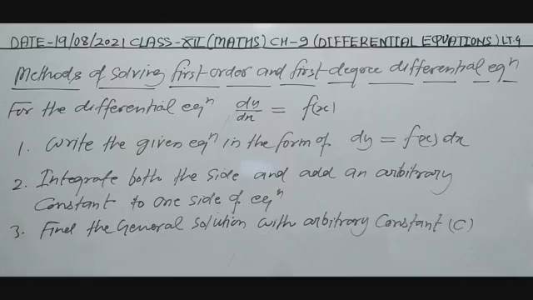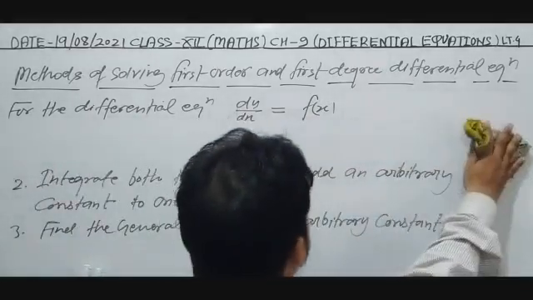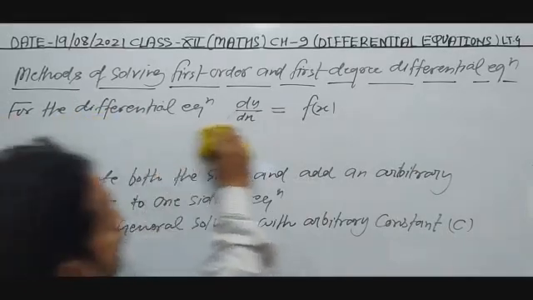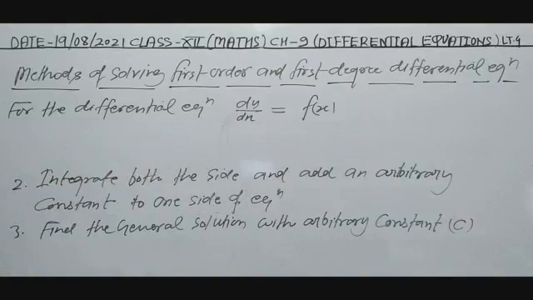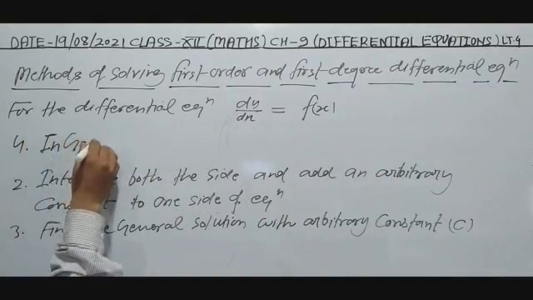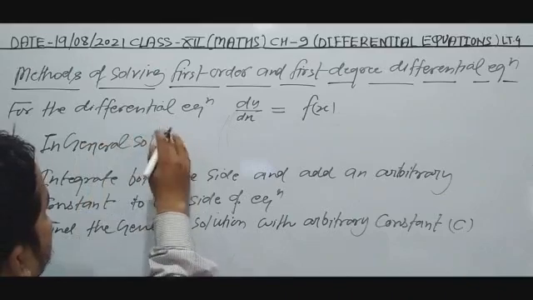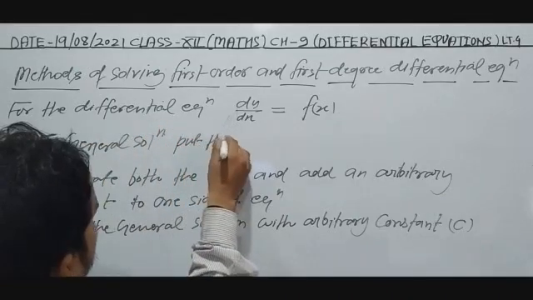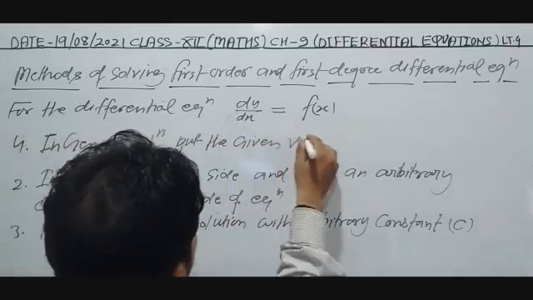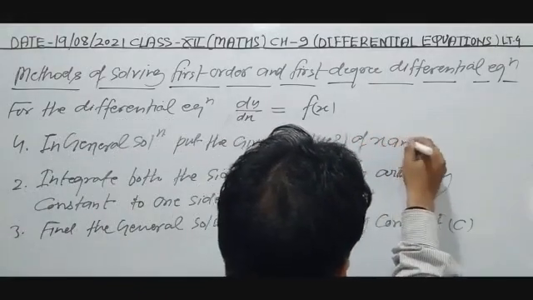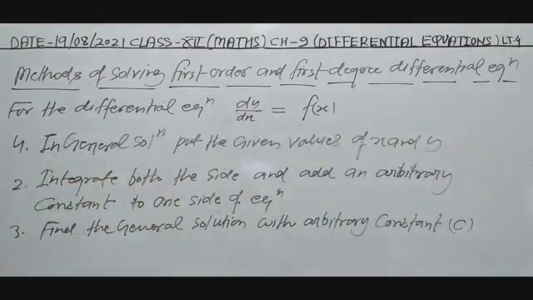The fourth point is, in the general solution, put the given values of x and y. Now what will you get?